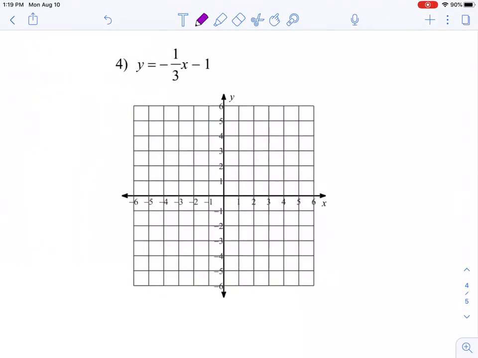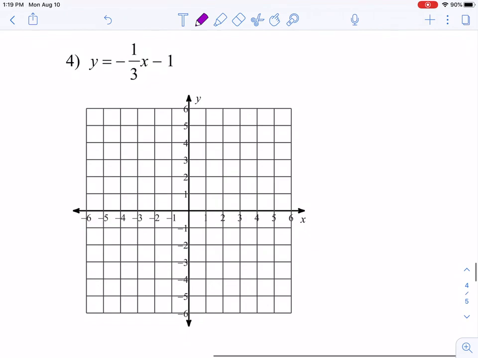Okay, so this will be the last one, and then the lesson's over. So again, we're going to label m equals, b equals. Our m is telling us -1 over 3, and our b is -1. Space that out a little bit better. And then our m tells us we're moving down and right.